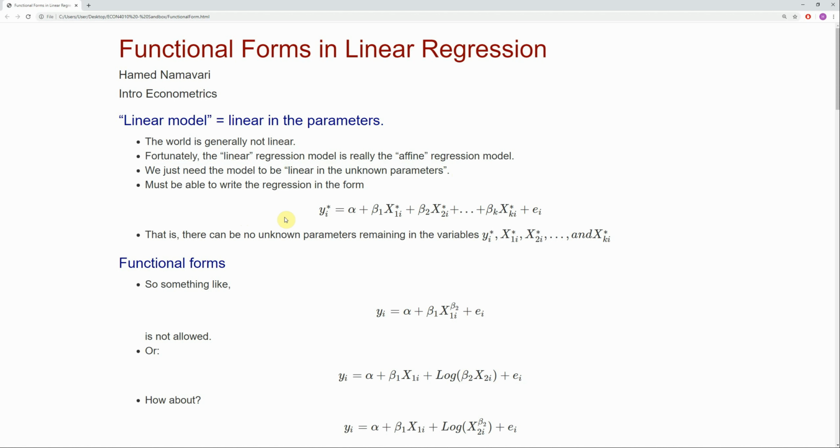What that means is that the unknown parameters in a typical linear regression equation are these coefficients like beta 1, beta 2, to beta k. As far as we know everything that could give us those x1 star or x2 star or xk star, then we can be sure that we have a linear model which is linear in the unknown parameters.